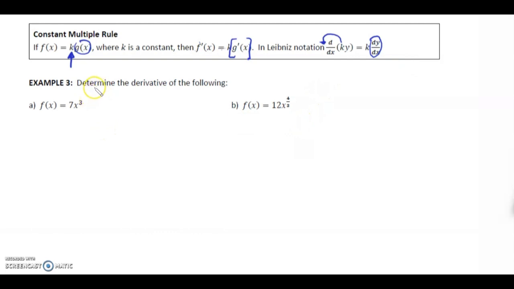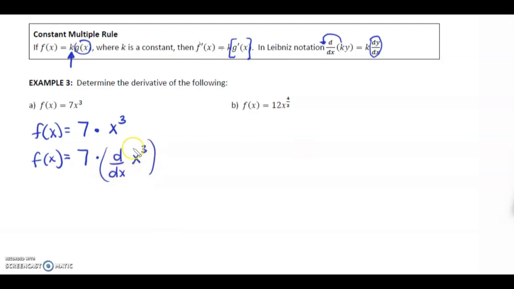Okay, so determine the derivative of the following. A: f at x equals 7x cubed. So when I'm doing this, I am going to look at this as 7 being my constant times x cubed. So I'm going to look at this as 7, and then I'm going to find the derivative d by dx of x cubed.